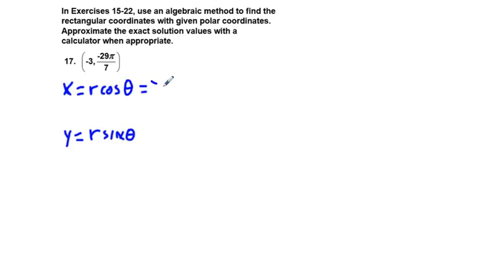So x is going to be equal to -3, which is r, times the cosine of -29 pi over 7. But since my calculator is in degrees, I can go change my calculator back to radians and just plug that in. But to convert this to degrees, I'm going to multiply this radian measure by 180 degrees over pi.